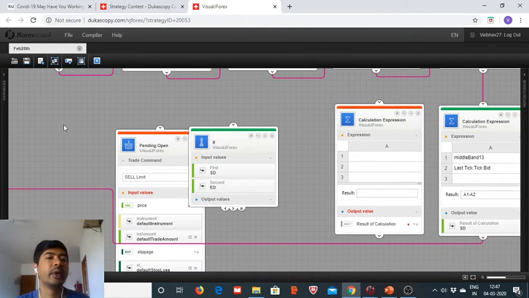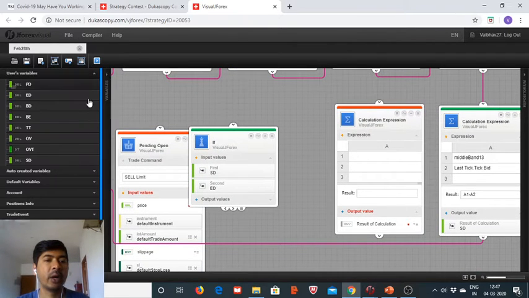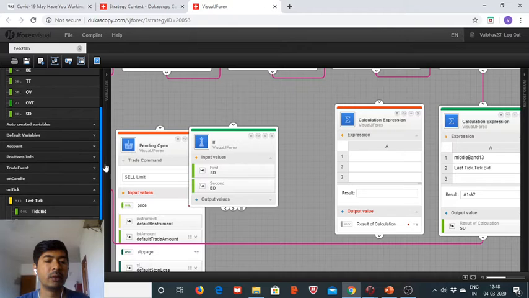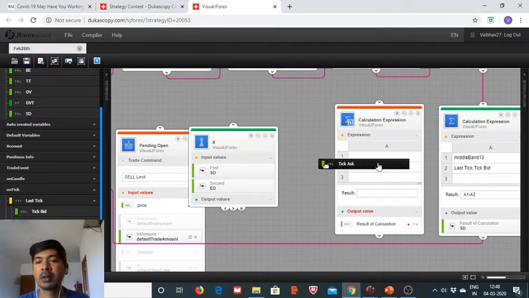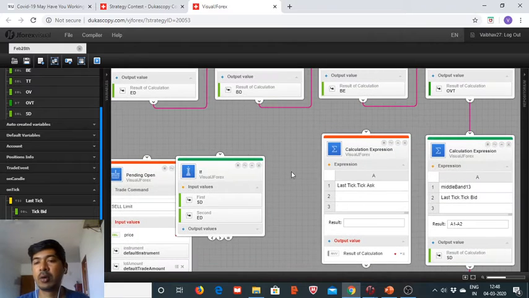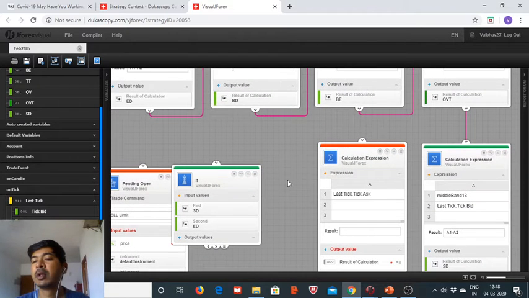So what we do, we take the last tick price. This time we will take tick ask. Tick ask, tick bid, only the difference is spread.